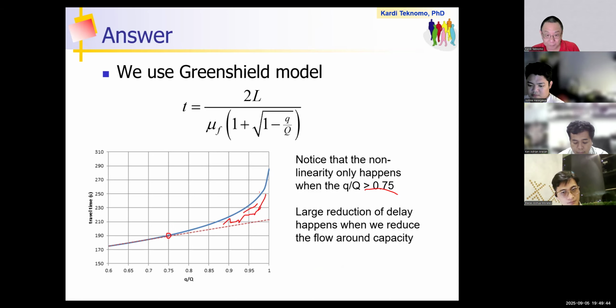The closer the congestion is to 1, the travel time becomes nonlinear, very big.